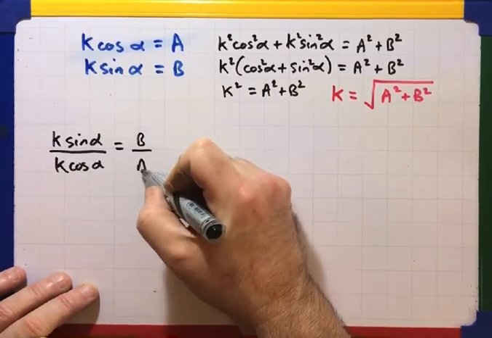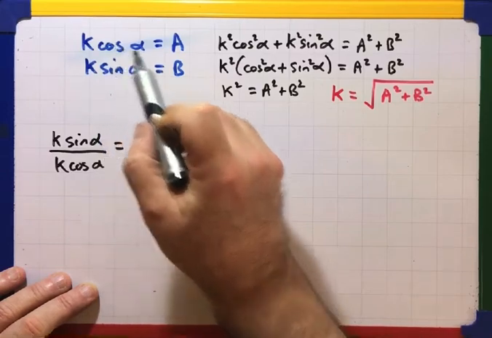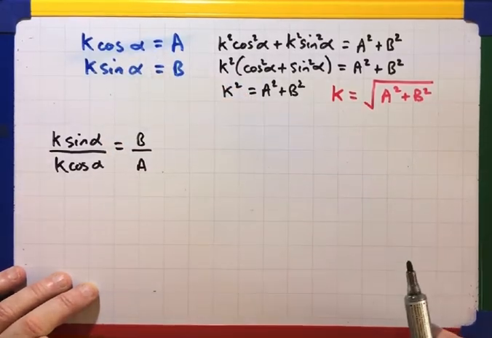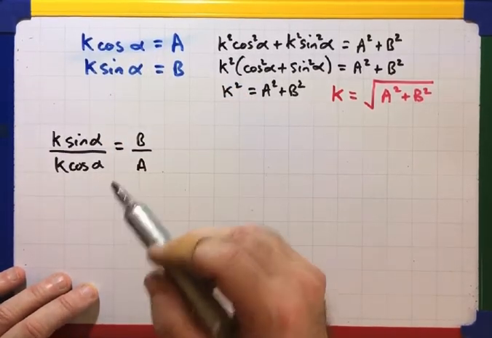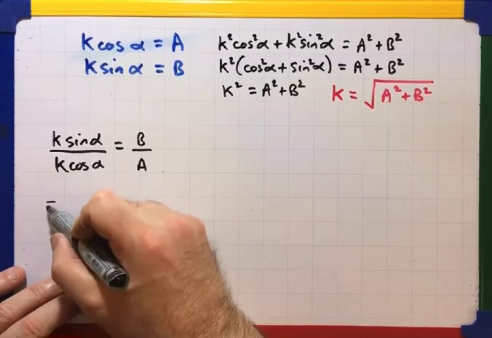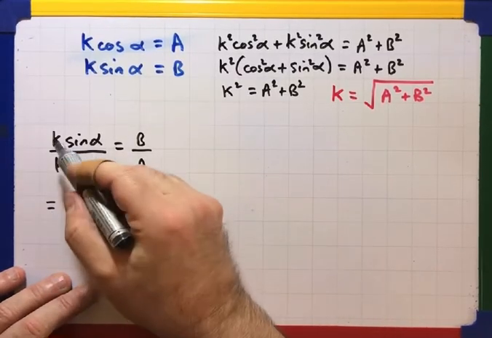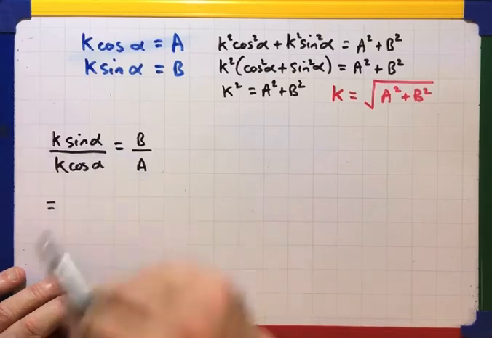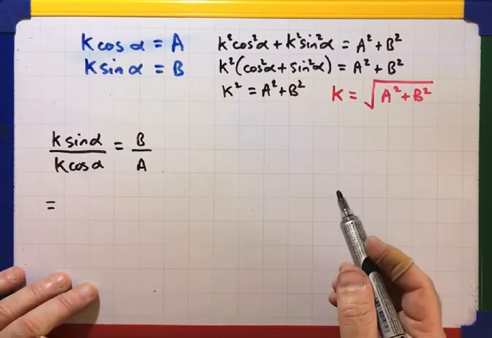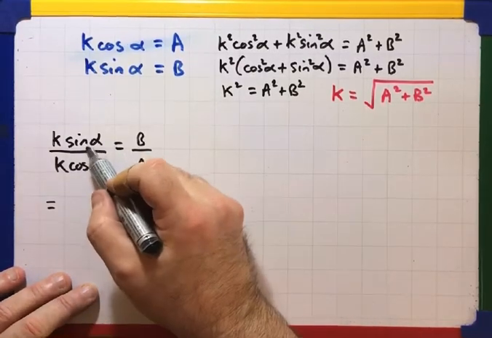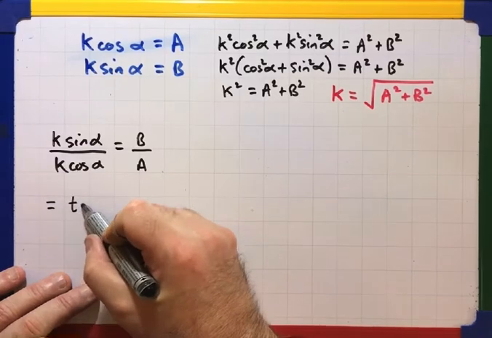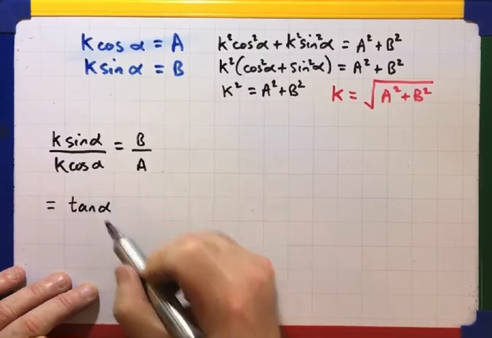That's just that divided by that, and that equals that divided by that. Now the k's will cancel out, we've got sine over cos. If you remember, our other identity was sine over cos is tan. So that gives me tan of alpha equals b over a.